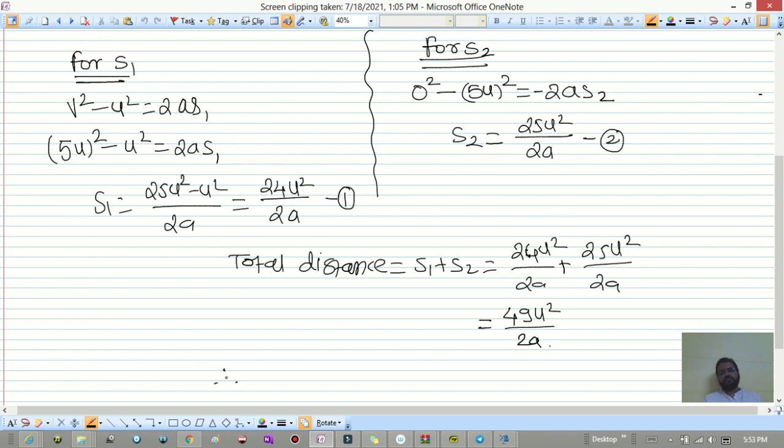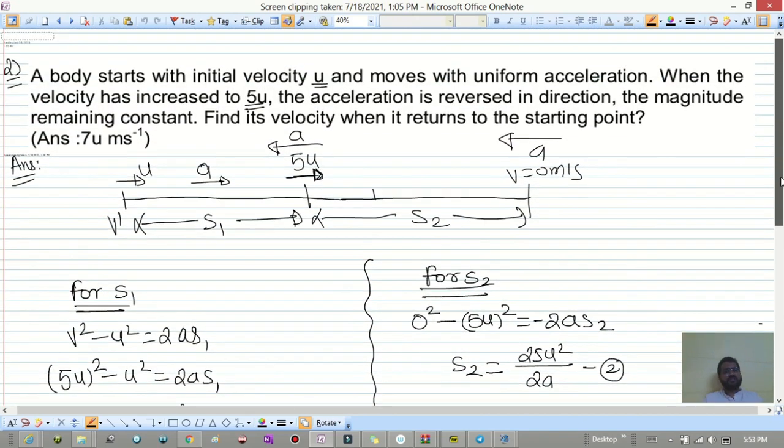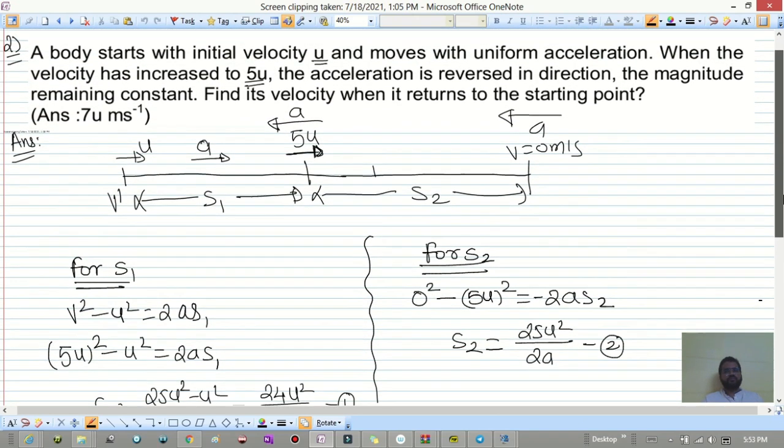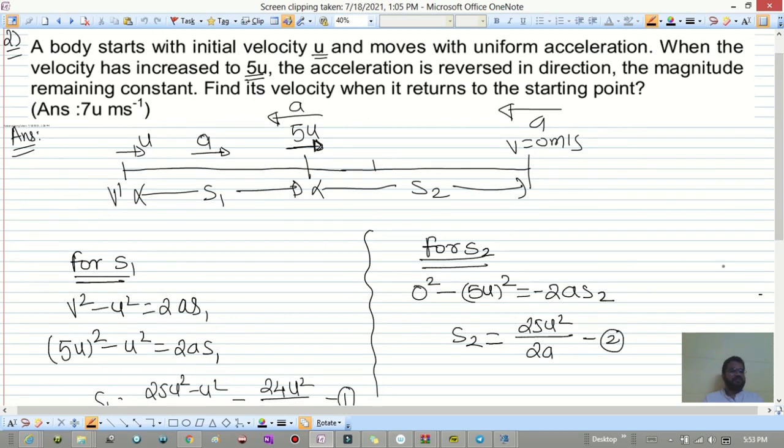Therefore the velocity at the starting point is the root of 2 into a into (S1 plus S2), that is 49u squared divided by 2a. So this 2a cancels, and we get 7u as the answer. I hope this is clear to you all. So this is the second question which we have.